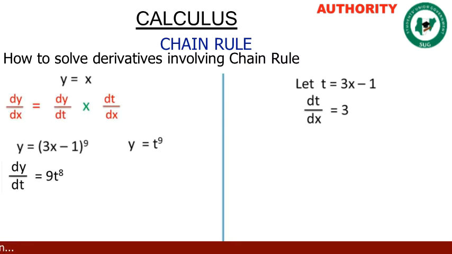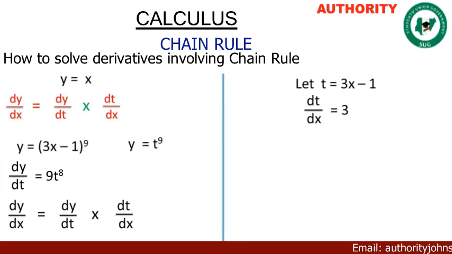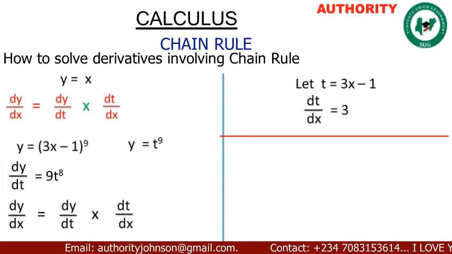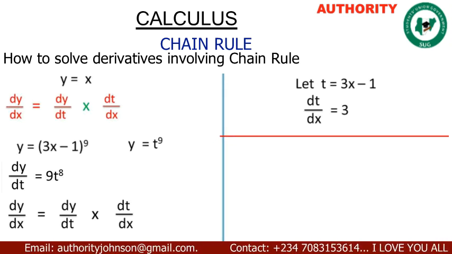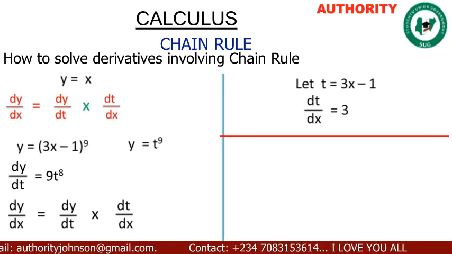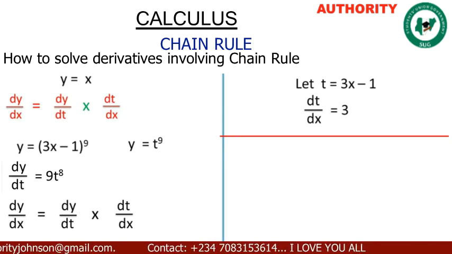So the differentiation of y will give us dy over dx is equal to dy over dt times dt over dx. The differentiation of y with respect to x is the differentiation of y with respect to t times the differentiation of t with respect to x.